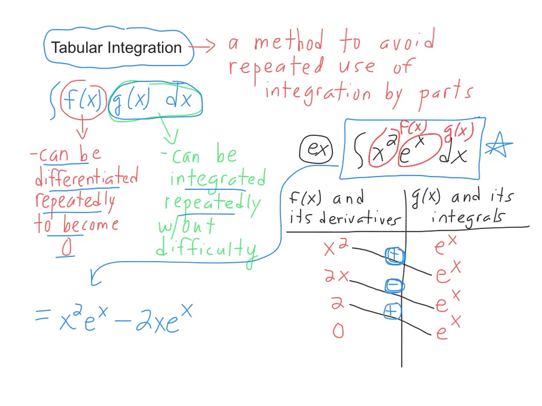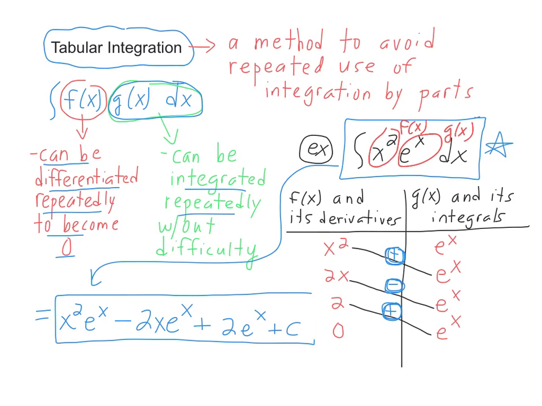And then finally we have a plus because of that right here, and then we have 2 times e to the x. And then a plus c, don't forget. So this is the same answer we got when we did integration by parts repeatedly. And again, this is a heck of a lot easier.